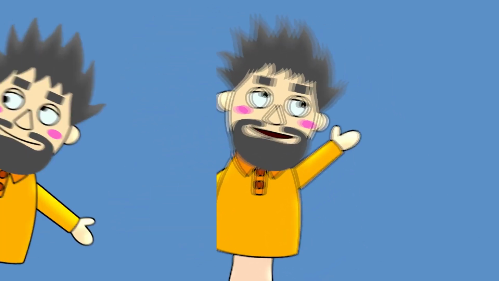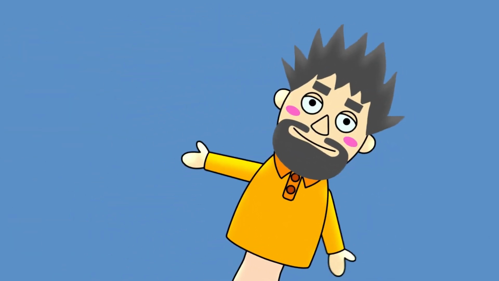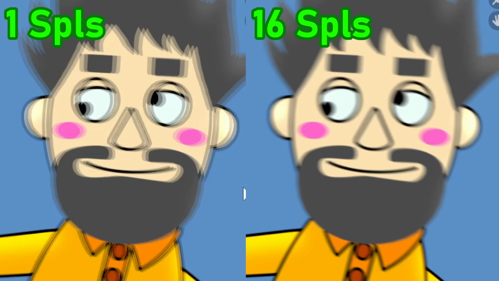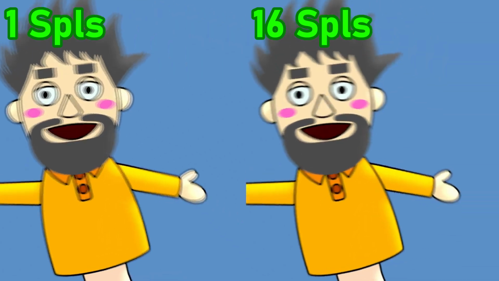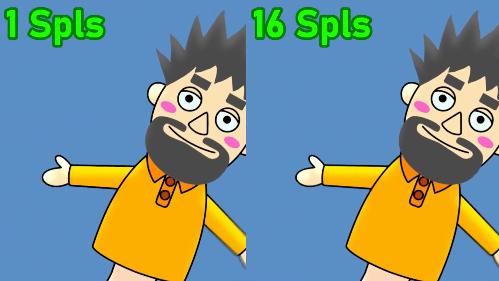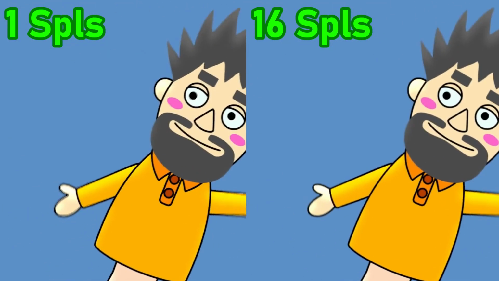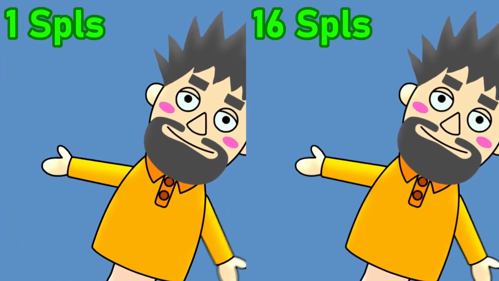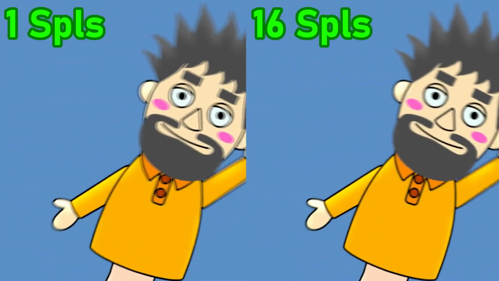And then we try with 16 samples, we get this. And frankly, with a single frame, I can see the difference in the blurring, but in an animation I can't really see a difference between 1 sample and 16 samples. So maybe even 16 samples is excessive. 8 I think is enough.